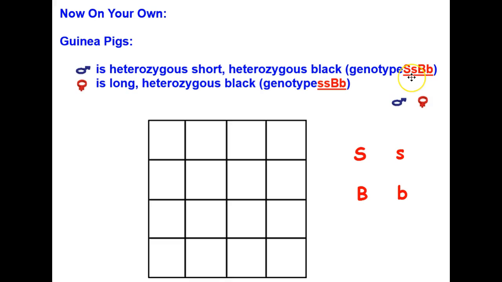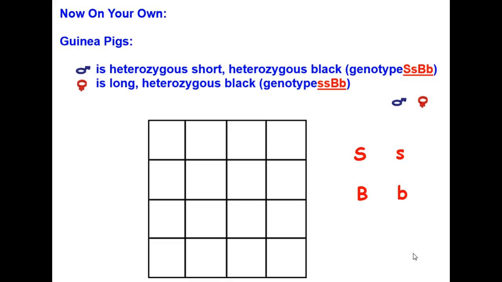So that would be a genotype that is big S, little s, and big B, little b. And we have a female guinea pig that has long heterozygous black hair. Long is recessive, so that means she has to have little s, and black heterozygous means big B, little b. So her genotype is as follows.